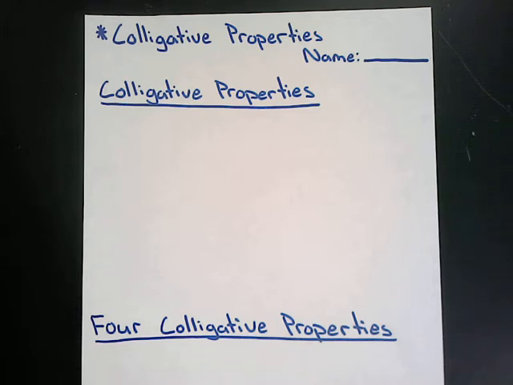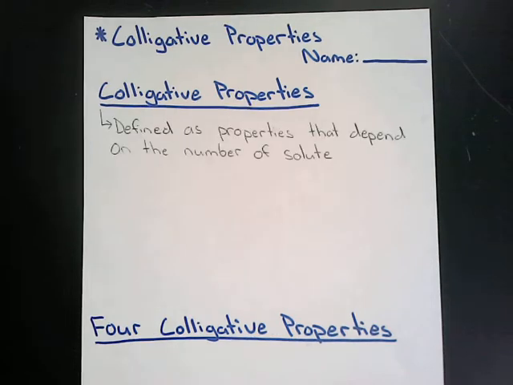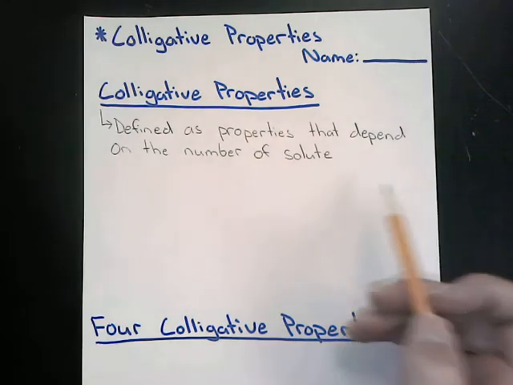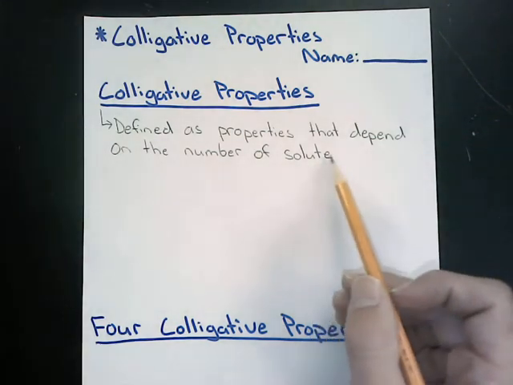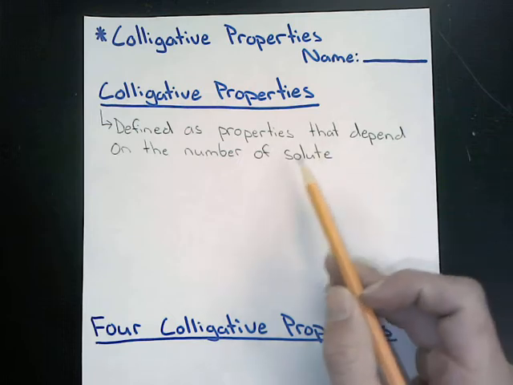So we start out here with colligative properties, and colligative properties are defined as properties that depend on the number of solute particles. A couple of key things here in this real simple definition. Number 1, this is about the solute.